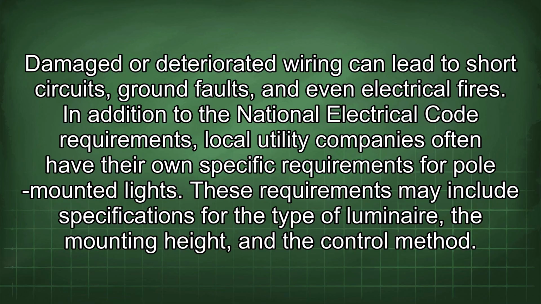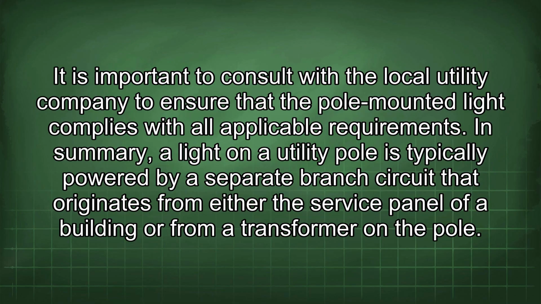In addition to the National Electrical Code requirements, local utility companies often have their own specific requirements for pole-mounted lights. These requirements may include specifications for the type of luminaire, the mounting height, and the control method. It is important to consult with the local utility company to ensure that the pole-mounted light complies with all applicable requirements.